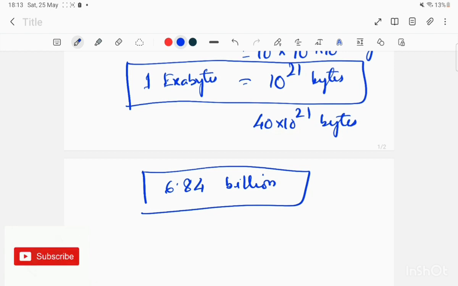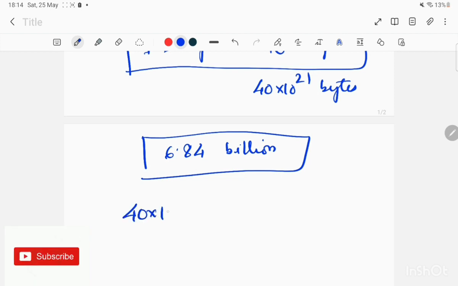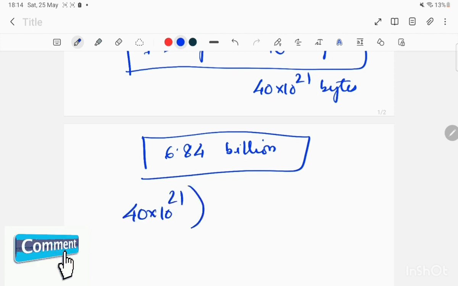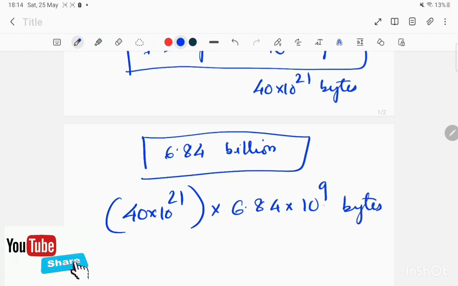So it has to be multiplied by approximately 6.84 billion smartphone users to give the actual data generated per month. So if you ask me how much data is generated through smartphones in 1 month, then I will have to say that it is equal to 40 into 10 to the power 21 into 6.84 billion bytes.